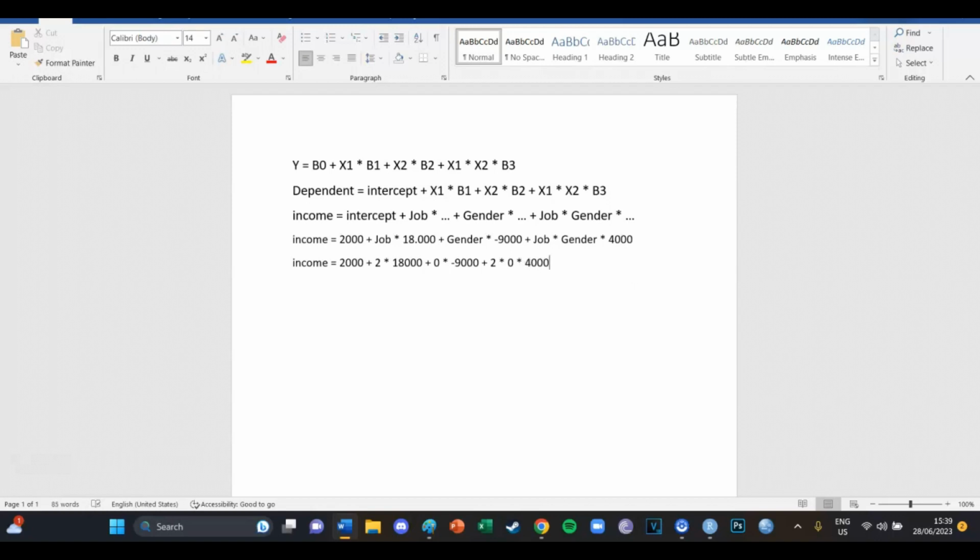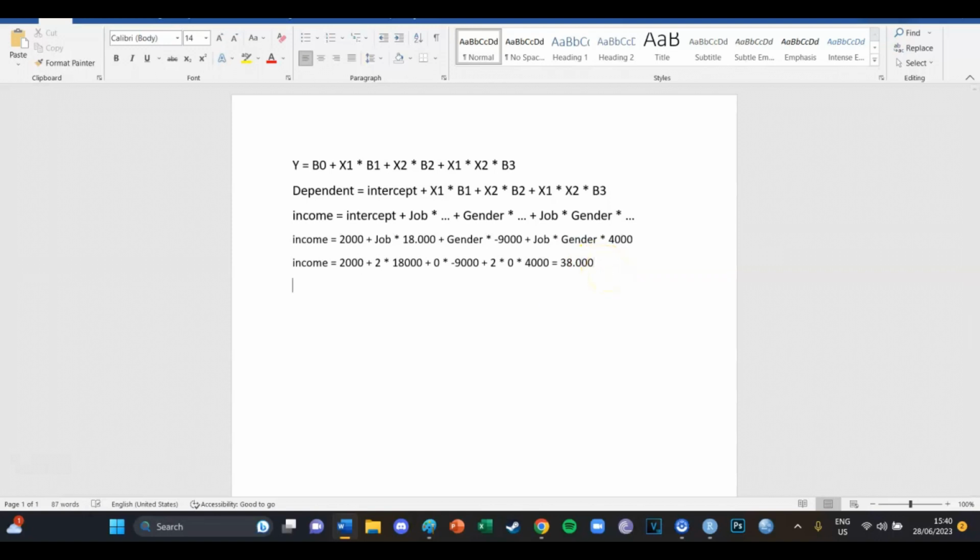And if you fill this into your calculator, 2,000 plus 36,000 is 38,000, plus 0 times minus 9,000 plus 2 times 0 times 4,000 equals 38,000. So a woman with gender 0 who is in job tier 2 has an income of 38,000.